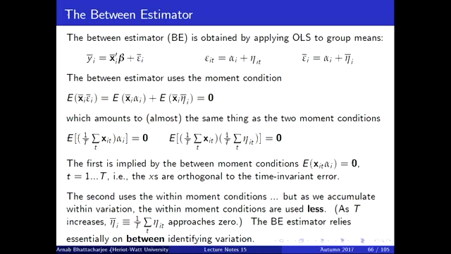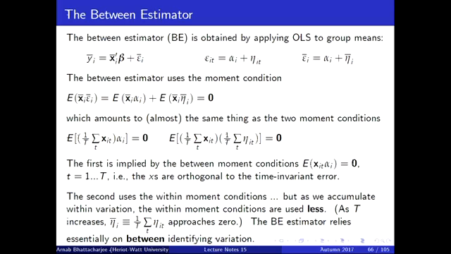All right? So the between estimator then uses the moment condition, expected value of x i bar times epsilon i bar, that is this, equals 0. Which essentially amounts to two moment conditions. One, that x i bar is orthogonal to alpha i, and the other is that it is orthogonal to the average of the idiosyncratic errors.